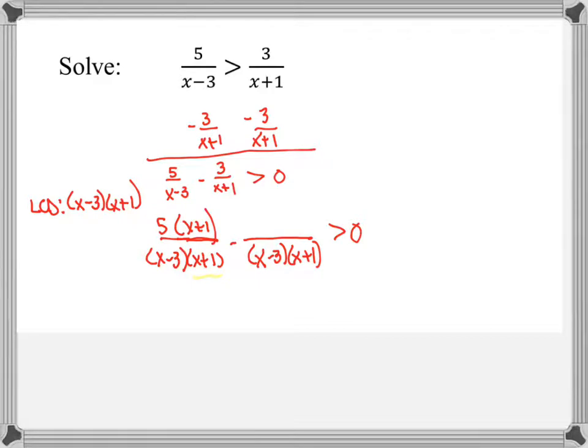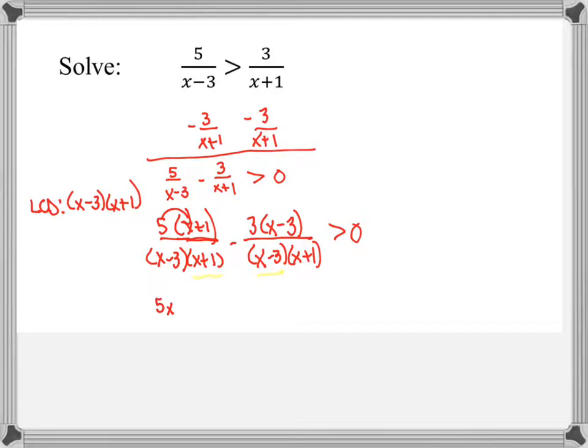So I have 5 times x plus 1 over x minus 3 times x plus 1 minus, so in my second rational expression, my original denominator was x plus 1. I multiplied it by x minus 3, and I need to multiply my original numerator by x minus 3 as well. So minus 3 times x minus 3 over x minus 3 times x plus 1.